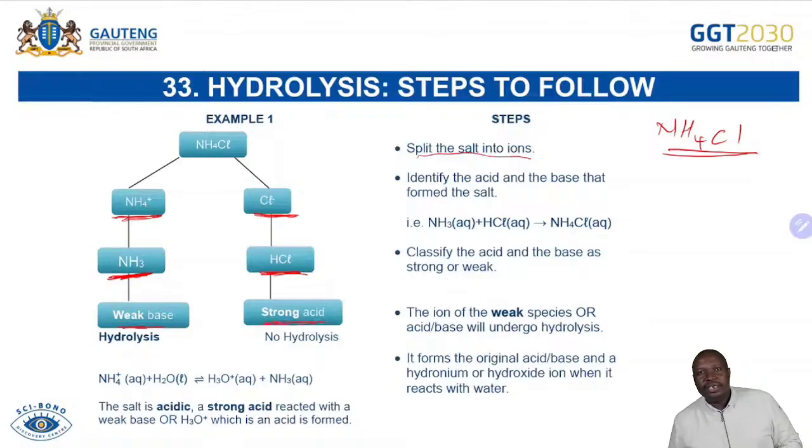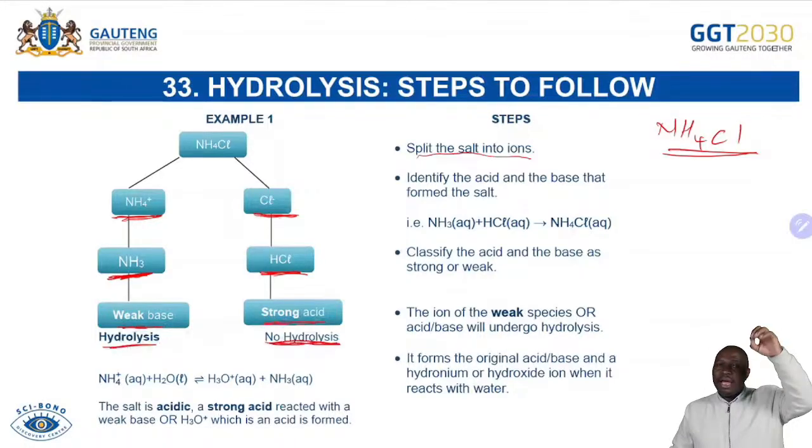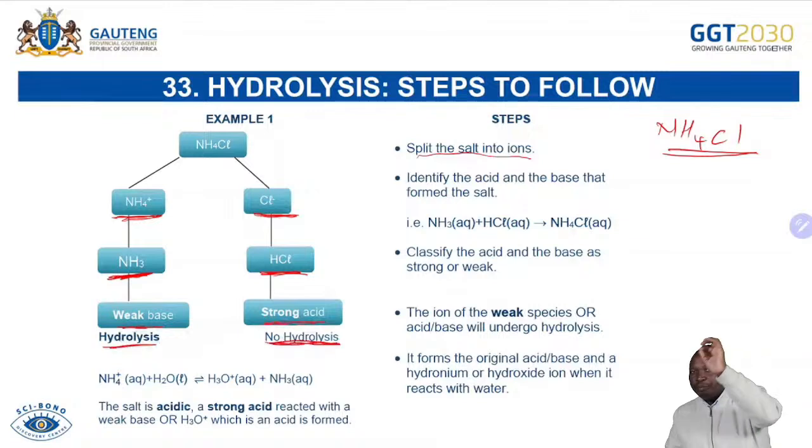And what are we saying? We're saying the ions of a strong acid do not undergo hydrolysis, but the ions of a weak base and a weak acid do undergo hydrolysis. So for hydrolysis to occur, the source must be a weaker acid or a weaker base.